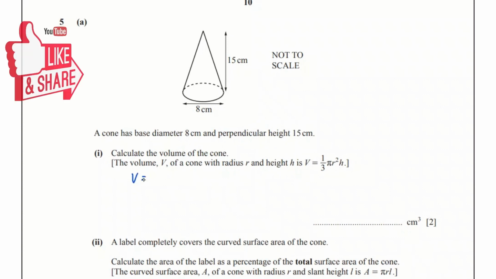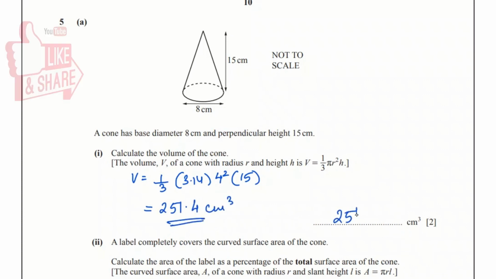So V equals 1 upon 3 into 3.14 into 4 square into 15, which comes out to 251.4 centimeter cube. So my final answer is 251.4.